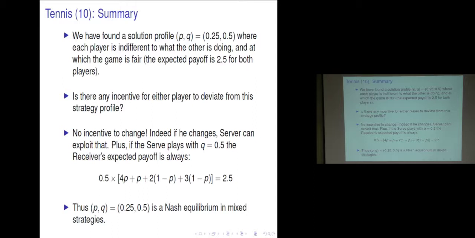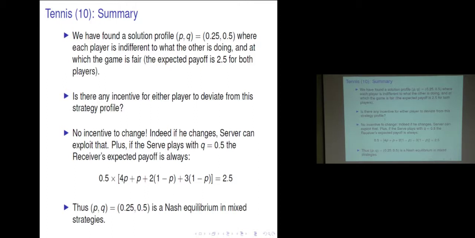Okay, let's recap this. The tennis game, obviously, is a game with no obvious solution. Therefore, no dominant strategies, no saddle points. So we introduce probability, and then we talk about mixed strategies.